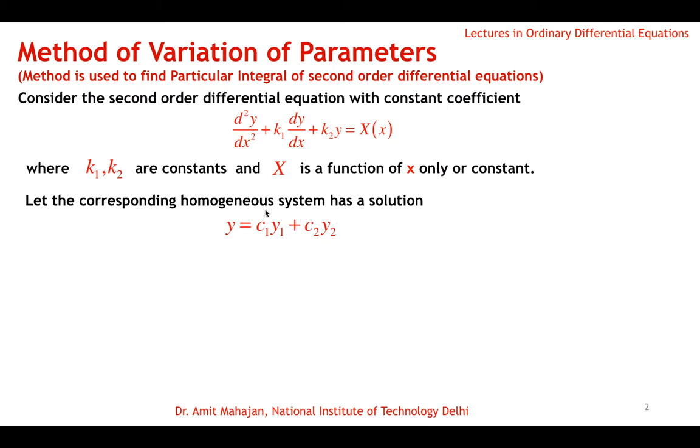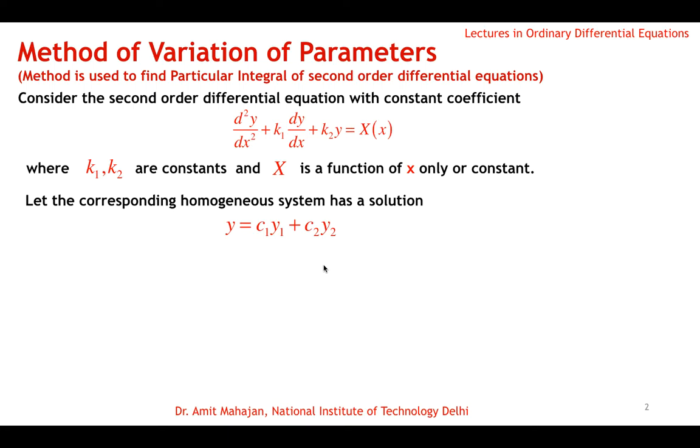So let the corresponding homogeneous system have the solution y equal to c1 y1 plus c2 y2, where y1 and y2 are two independent solutions.